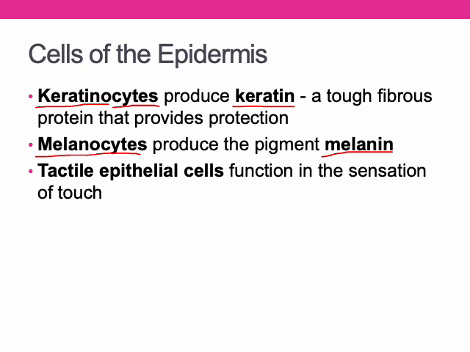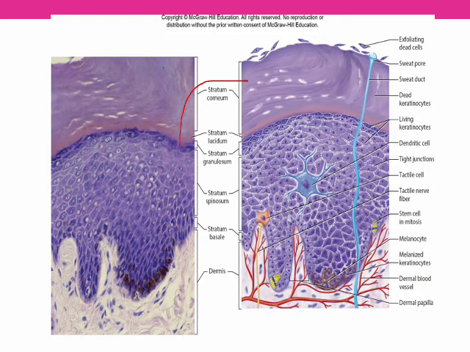The last type of cells that we can look at in here is the tactile epithelial cells, and these are cells that sense the mechanical changes in the skin, so they provide the touch sensation to the body. So in here we see the different layers of the epidermis, and we will talk about this in the next slide. But on the right image, we can see some of the cells we talked about in the previous slide.